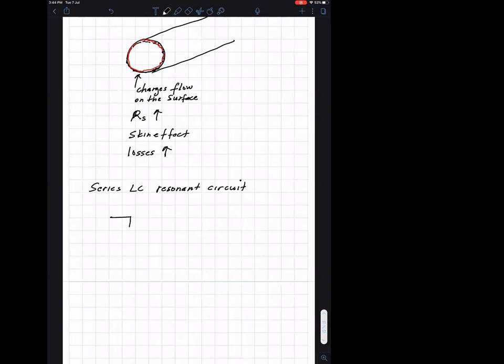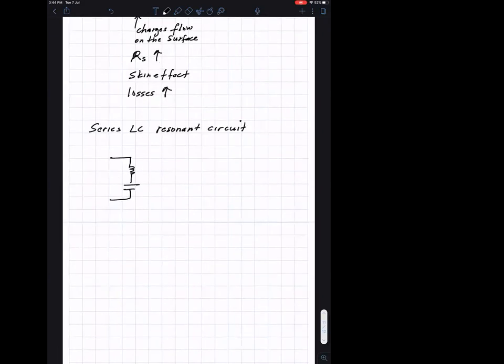When you have a series resonance circuit, for example, an inductor in series with a capacitor, so L, C, j omega L, 1 over j omega C. If you're looking inside this, at resonance, this circuit will look like a short circuit. So this can act as a switch.